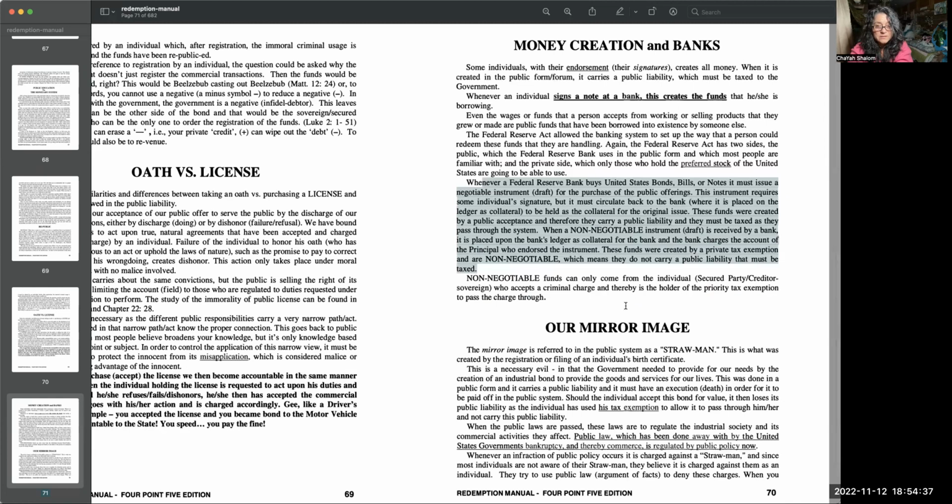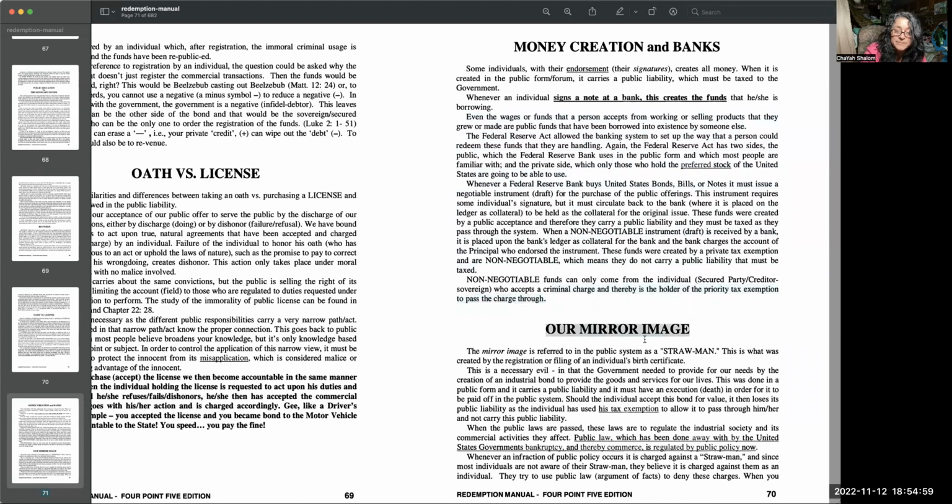Non-negotiable funds can only come from the individual, secured party, creditor, sovereign, who accepts a criminal charge, and thereby is the holder of the priority tax exemption to pass the charge through.